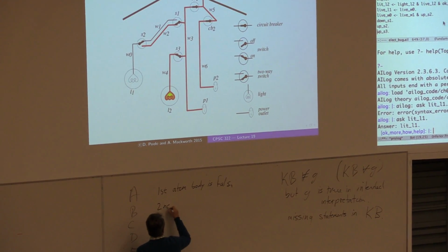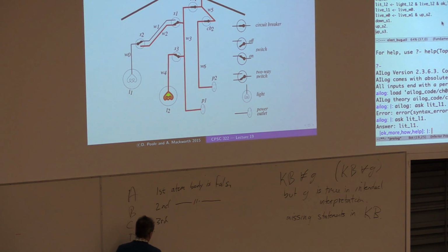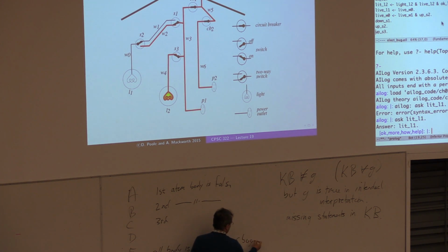The second atom is false. The third atom is false, and E is all of the body is true. So in other words, we found the buggy clause. Okay?